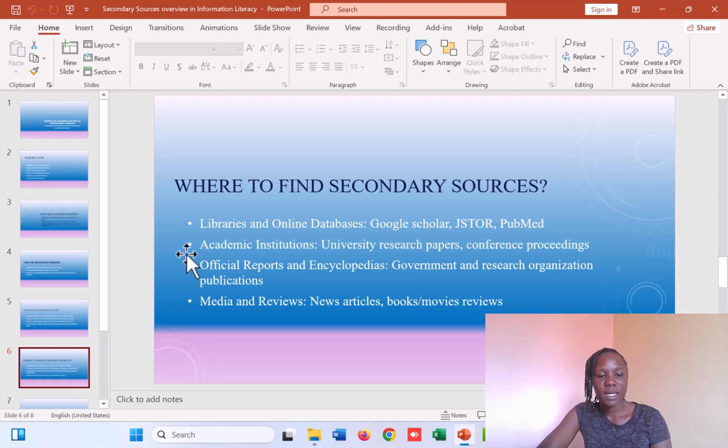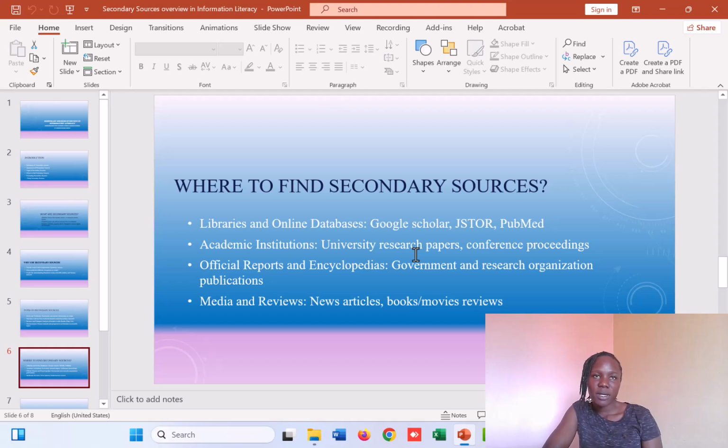Another way of finding resources is in academic institutions, like university research papers. Research is simply work that has already been carried out, findings that we normally expand on. In universities, we shall have university research papers, and normally you can find them even in the libraries. We also have conference proceedings.